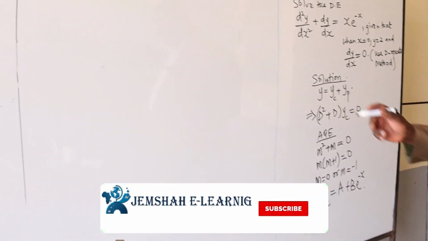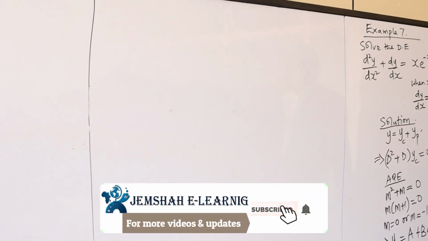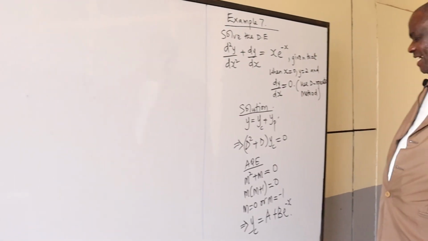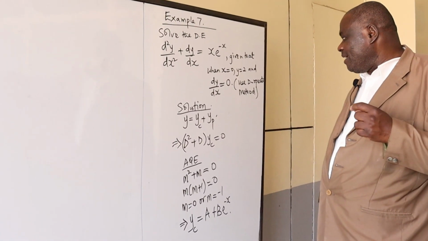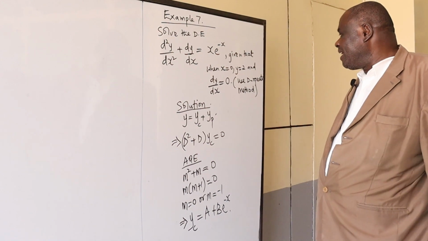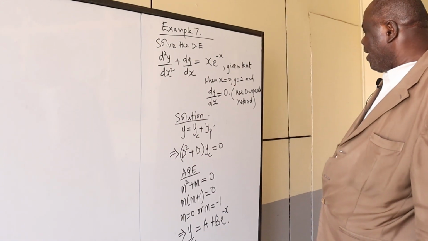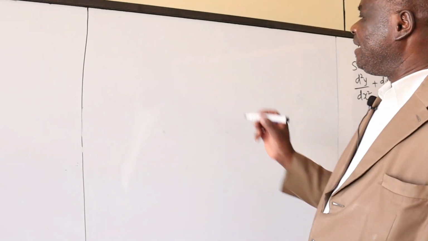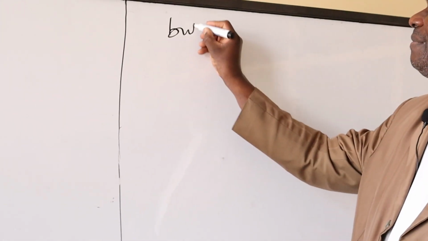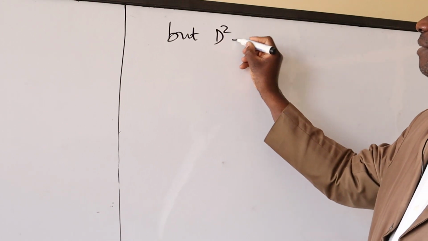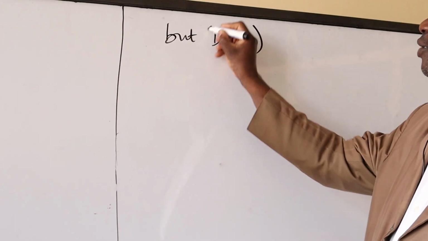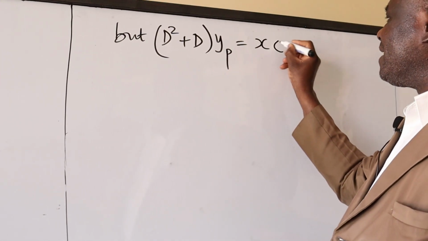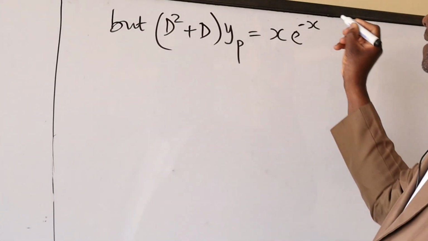So we can now proceed with the solution of the particular integral where we are going to inject the D operator theorems. We know that D squared plus D, multiplying yp, is the one to generate x e power minus x.